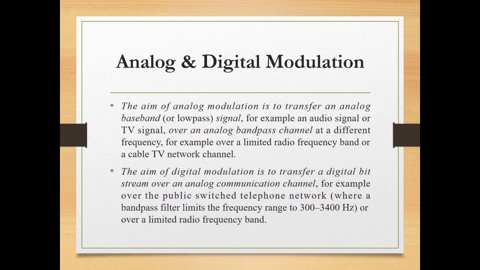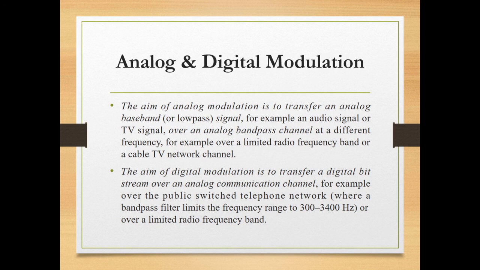Next, we will see what is analog and digital modulation. The aim of analog modulation is to transfer an analog baseband signal over an analog bandpass channel. Example, when we transmit a TV signal over a cable TV network channel. The aim of digital modulation is to transfer a digital bit stream over an analog communication channel.